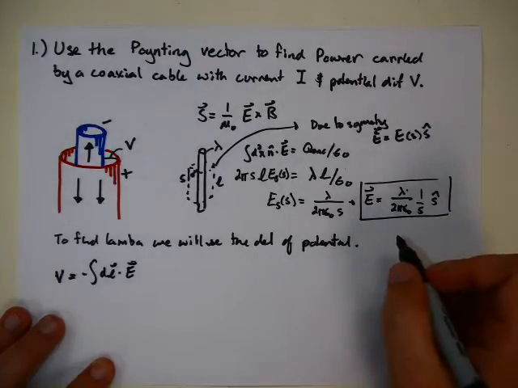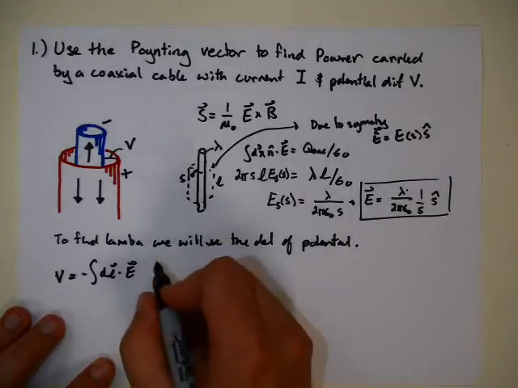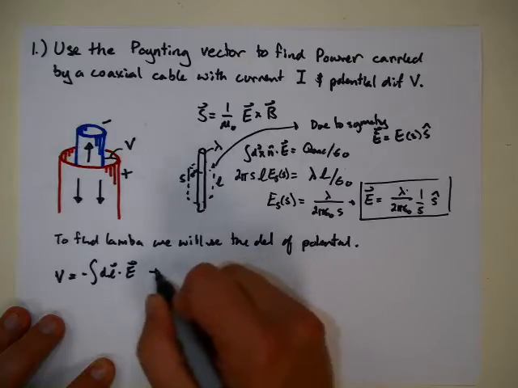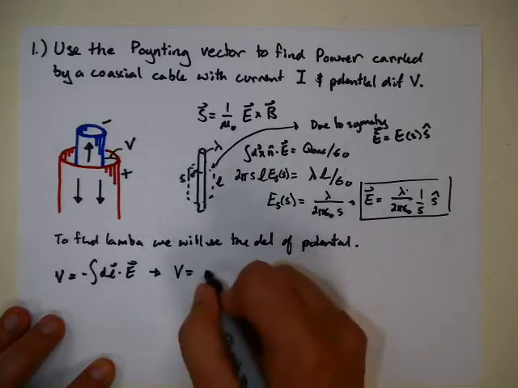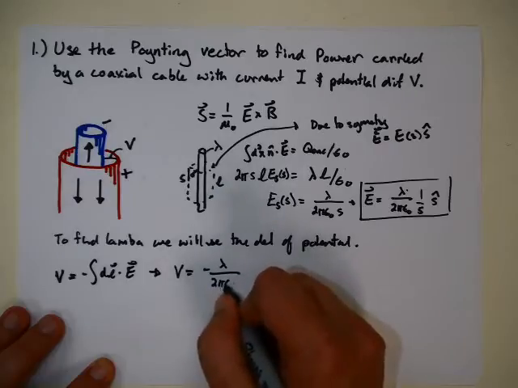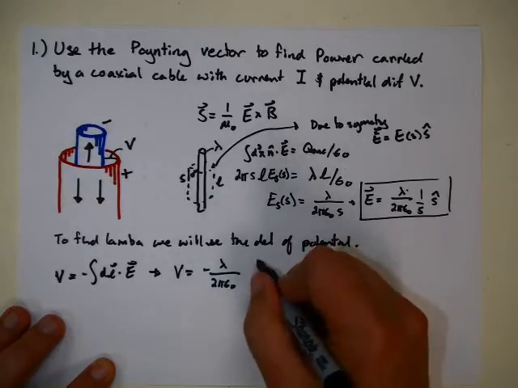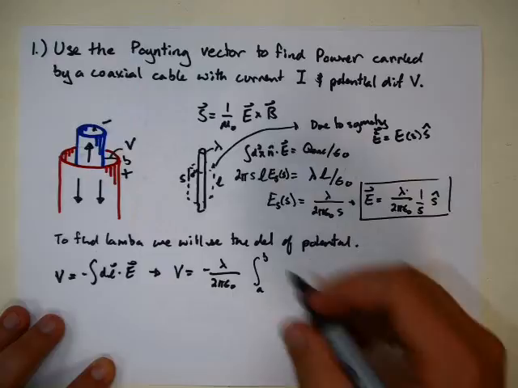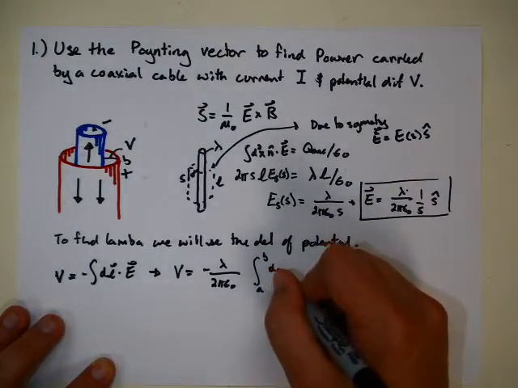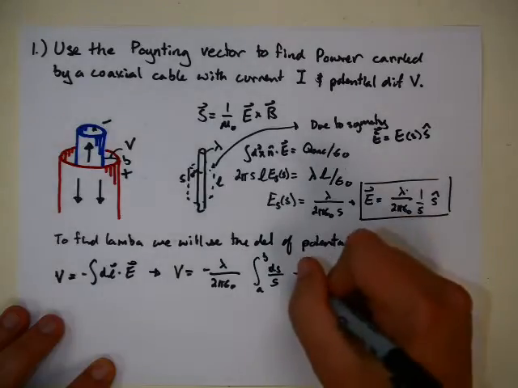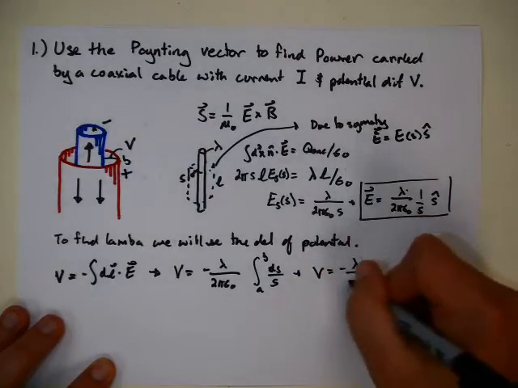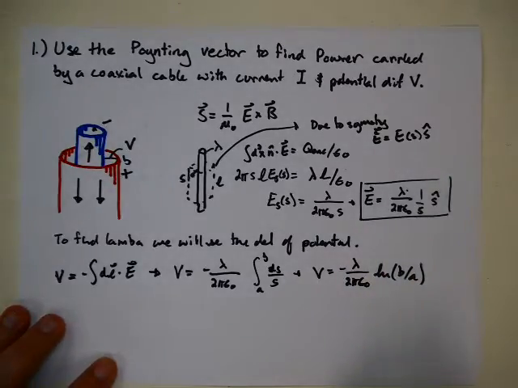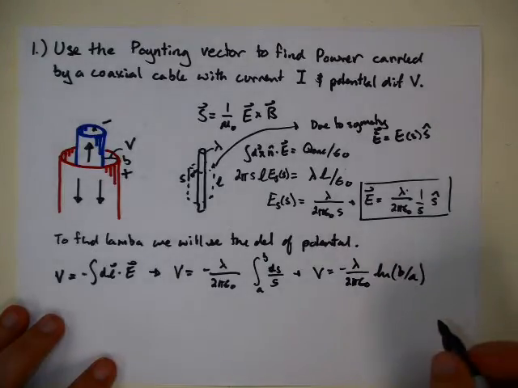We're going to plug in E. And so this gives us that the potential V is equal to minus lambda over 2 pi epsilon naught, and then the integral from A to B, if the inner one has radius A and the outer one has radius B, of ds over S, which of course gives log of B over A. We can flip this around to solve for the lambda.